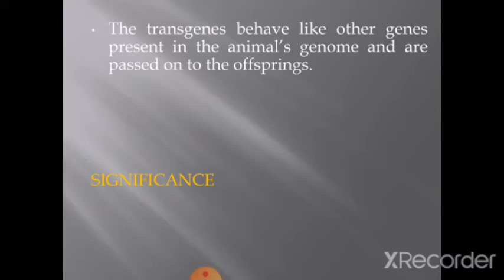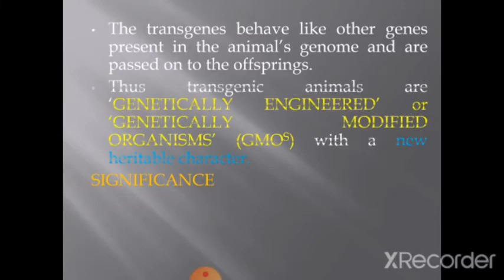Okay. Then the transgenes, once they are in the genome of the transgenic animal, behave just like any other regular genes of that animal, and during reproduction they are passed on to the offspring. That's what I meant by you are going to incorporate a stable heritable character in the transgenic animal.